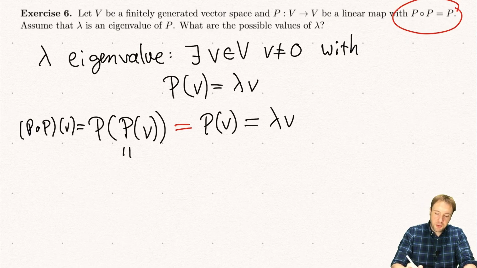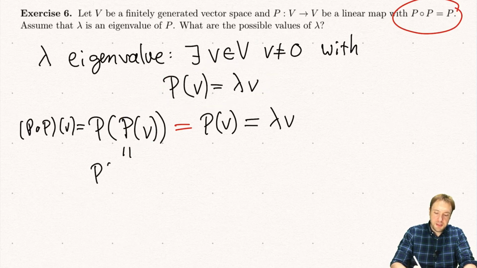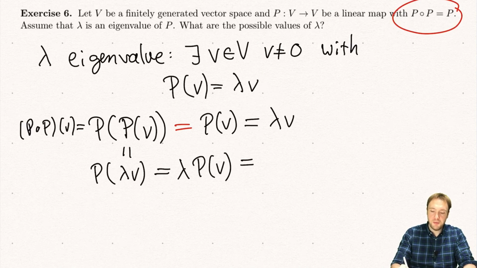But now we can also evaluate it as follows. So we know P of v equals lambda v. So this is P of lambda v. And P is a linear map, so we can put this lambda in front, and this is lambda times P of v. And now we can use again that P of v equals lambda v. So therefore this is lambda squared times v.